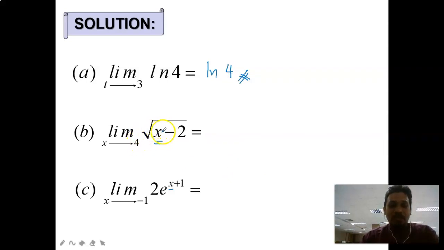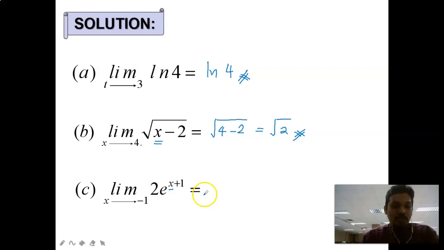If we substitute the value of x with 4 into the function, square root of x minus 2, even if it were equal to 0, 0 is still a value. So we can simply substitute the value of x into the function, which is square root of 4 minus 2 equal to square root of 2.